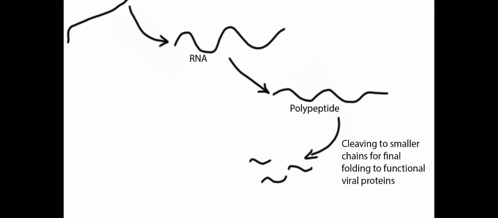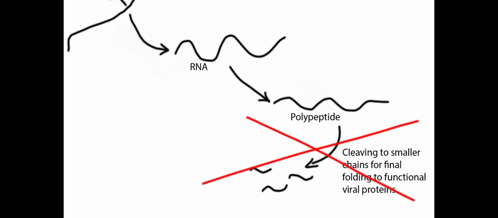Nirmatrelvir inhibits the M-Pro protein, so inhibits that protein that cleaves the big polypeptide strand, and that's why it's called a protease inhibitor. And that's also how it works to inhibit the replication and function of this virus.